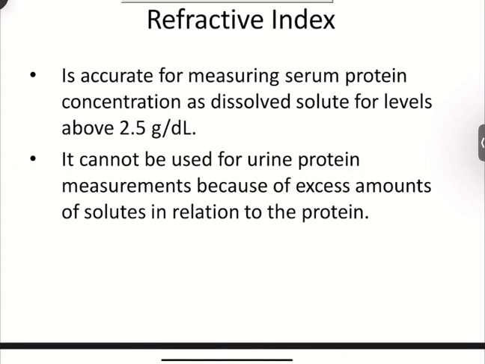It cannot be used for urine protein measurement because of excess amounts of solute in relation to other proteins. So we have limitation in using refractive index because of the interference caused by other solutes found in your specimens. That is why it is not used in urine, because other elemental, protein and non-protein components affect your urine refractive index.